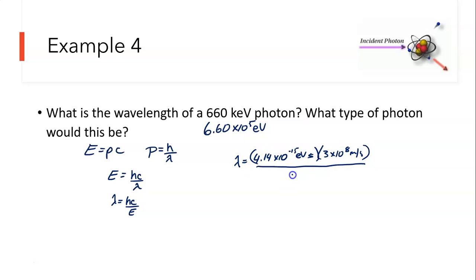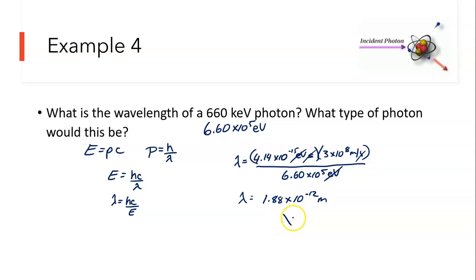We've got the energy in electron volts, 6.60 times 10 to the 5 electron volts. Notice the electron volts cancel out, the seconds cancel out, and you're left with an answer in meters. And specifically, that is 1.88 times 10 to the negative 12 meters.